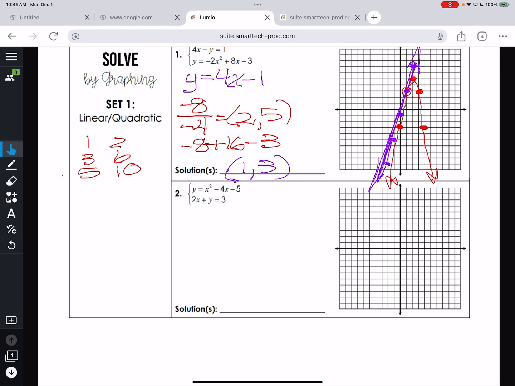Number 2. See what you do. So let me ask you this. If you're doing 1, 3, 5, what would be the next set? 7. We've already done one like that before Thanksgiving. It counts 1, 3, 5, 7, because we're going to have to use that on this one. So let's graph.